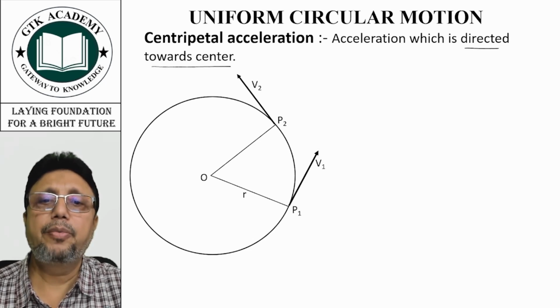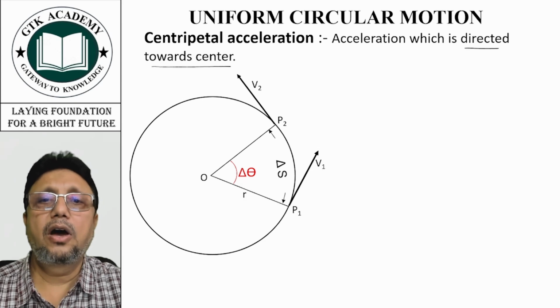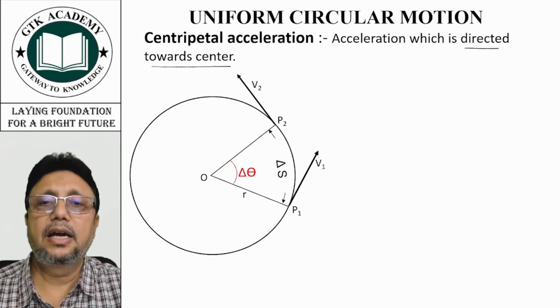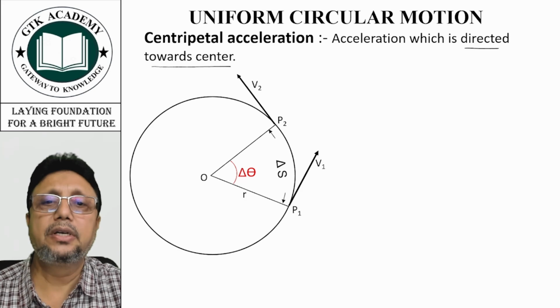The radius vector from P1 to P2 covers delta theta, and the P1 P2 length is delta s. Now what we told you initially, that this acceleration, which is directed towards the center, has constant magnitude and is directed towards the center, I am going to show you how it is.